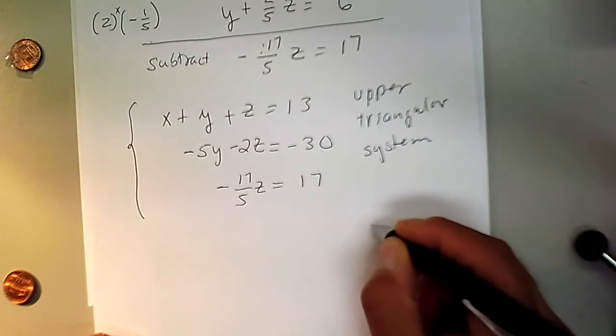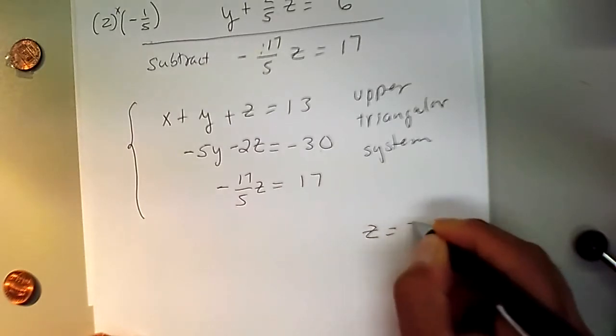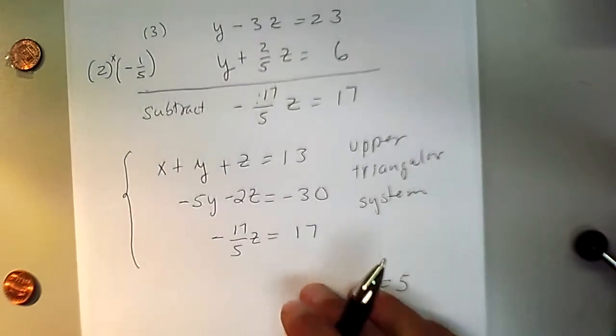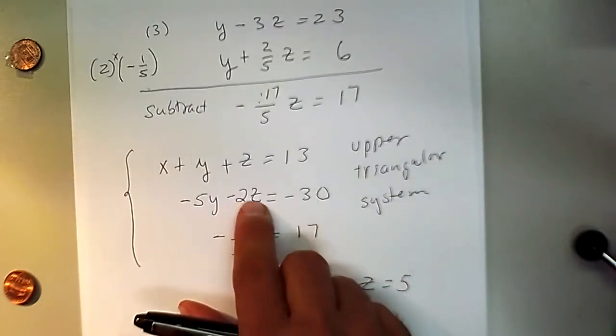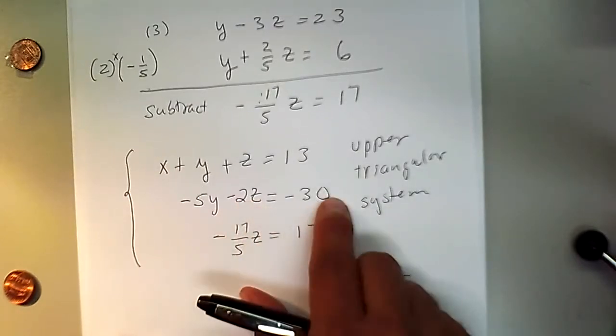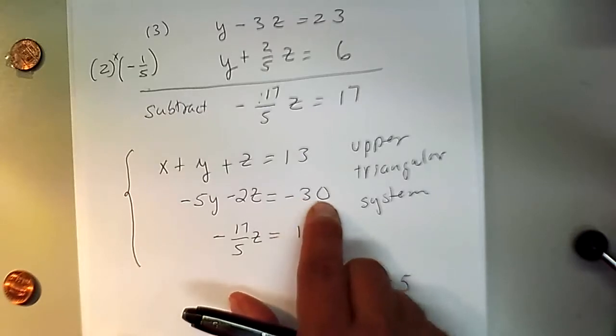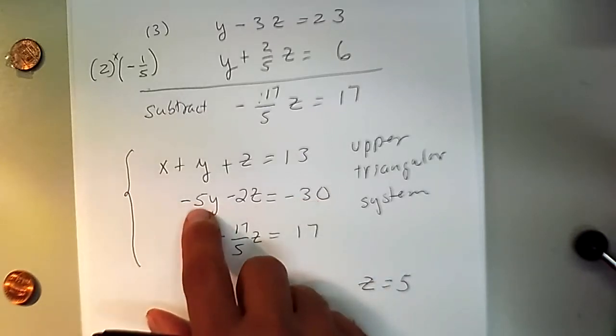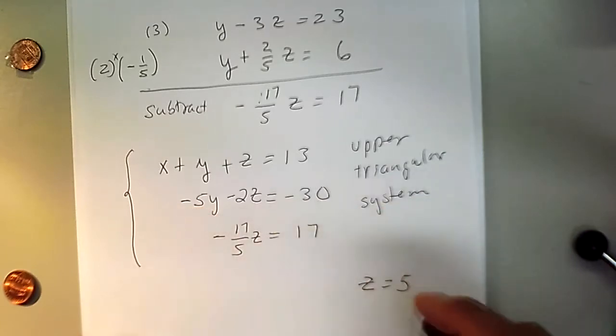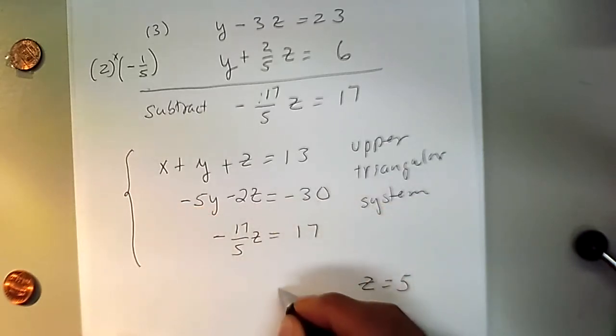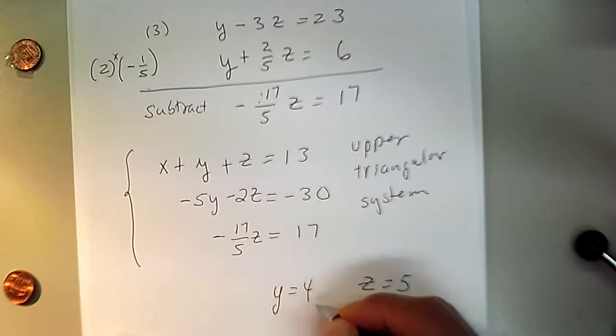So directly we can tell z will be 5. Okay, so if z is 5, that is -10. When we move that over, we end up with negative 20. And if we divide by negative 5, we end up with positive 4. So y will be 4.